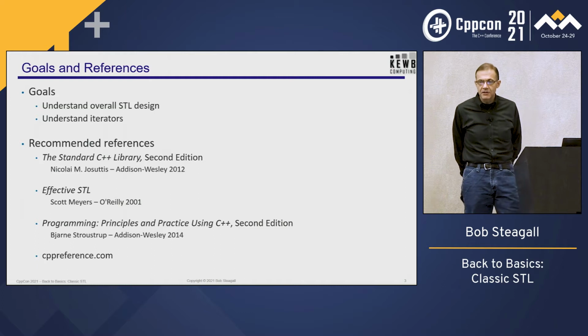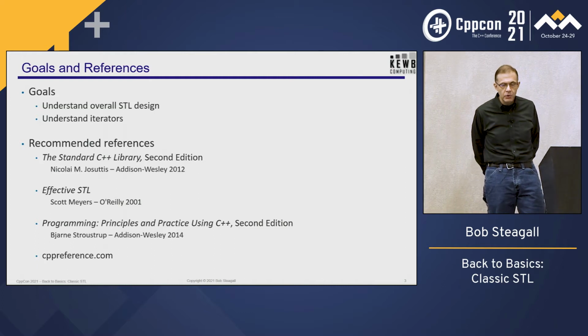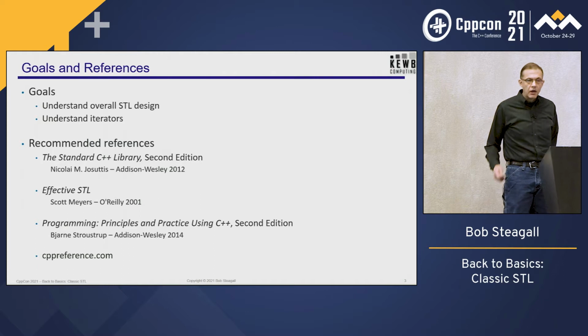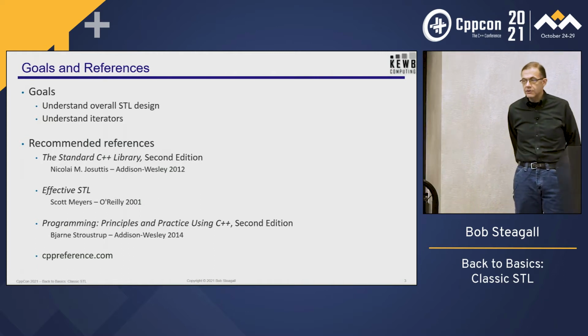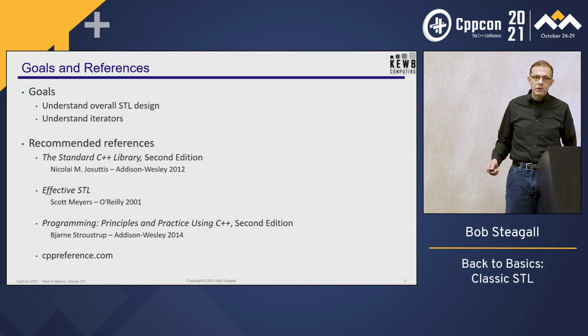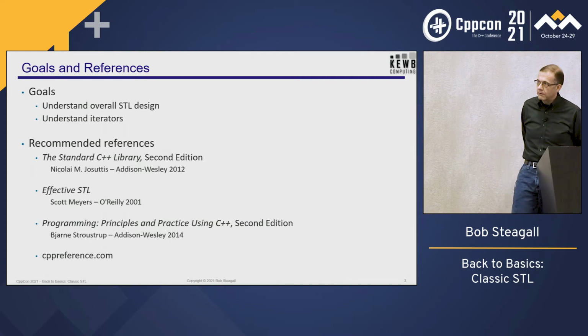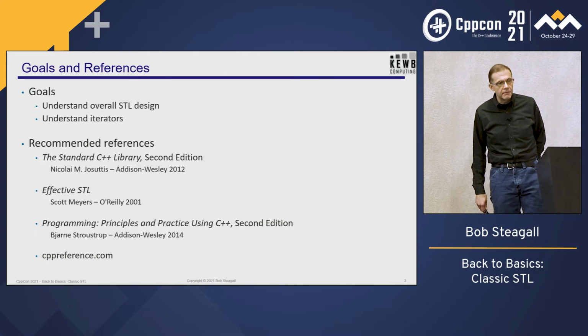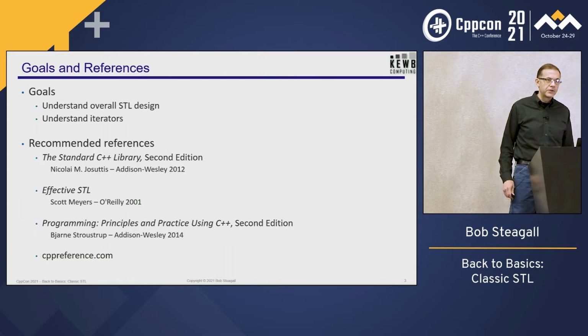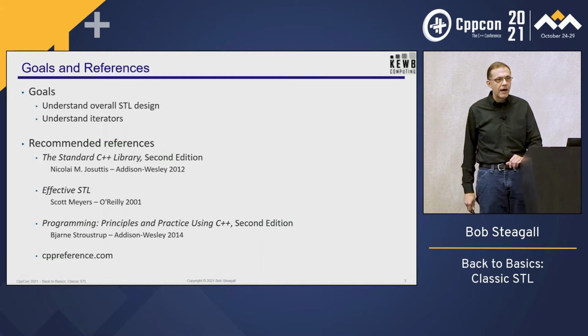And Scott does a wonderful job of explaining some very important and subtle points. Bjarne's Intro to Programming book, Principles and Practice Using C++, also has a very good entry-level description of the concepts underlying the standard library. And of course, there's the old standby, CppReference.com, which I have open just about 24 hours a day in a browser.